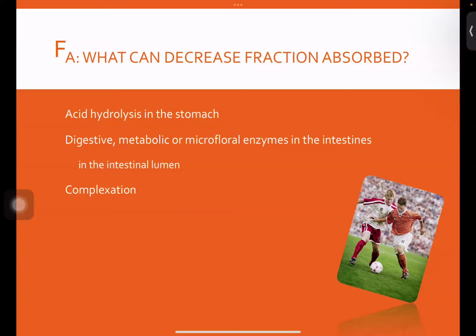If it binds to calcium or other divalent cations like magnesium, it's then too big to get absorbed, and it just goes out in the poo. Those are a couple of examples of what can happen to a drug so that it doesn't get absorbed.